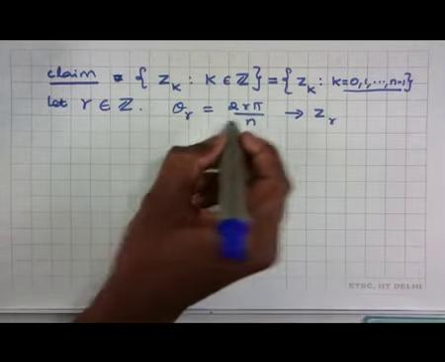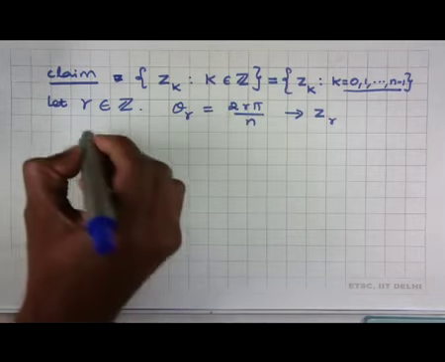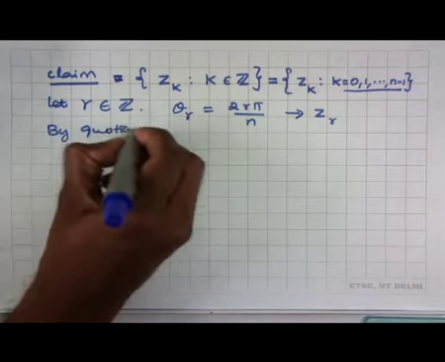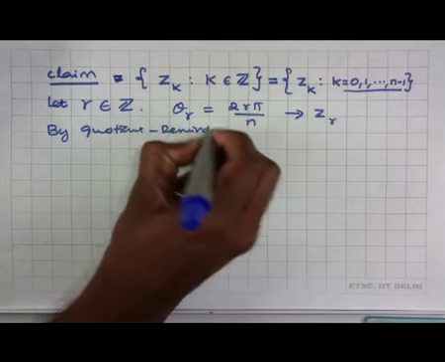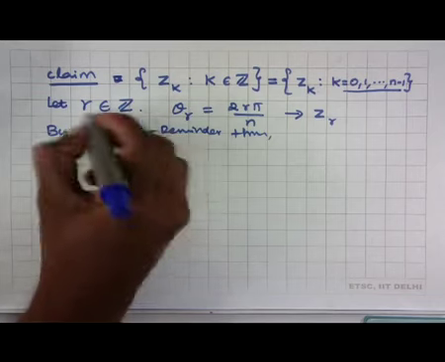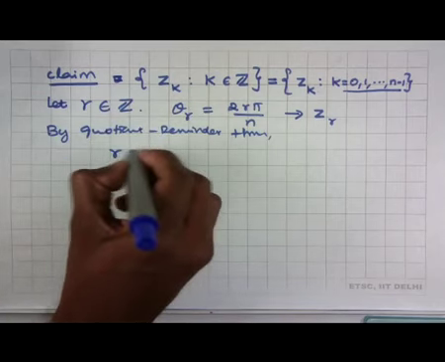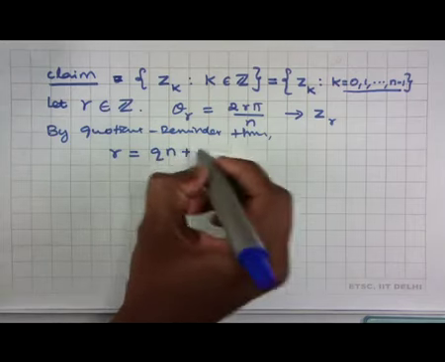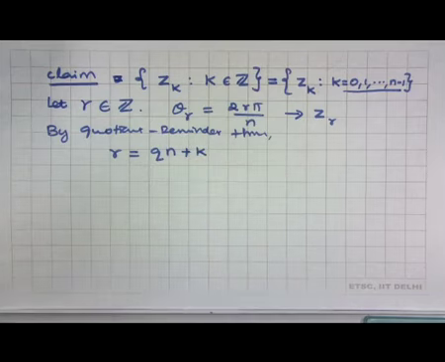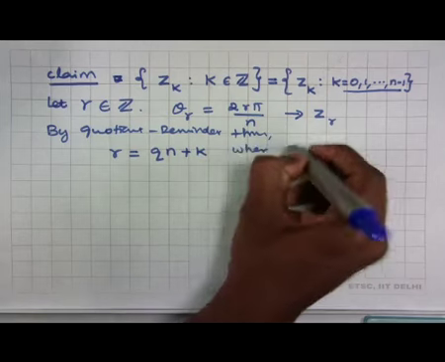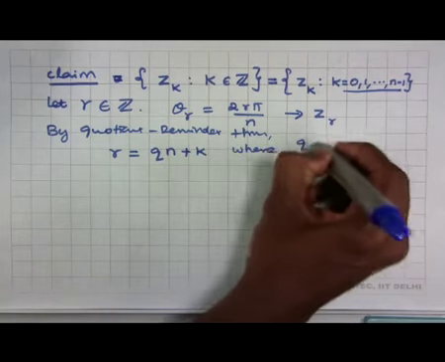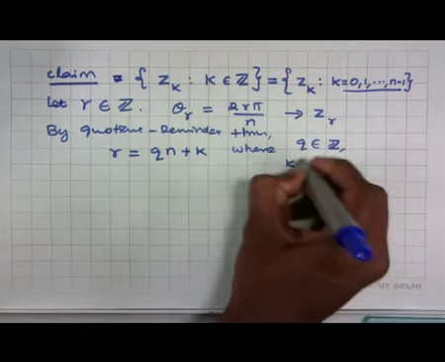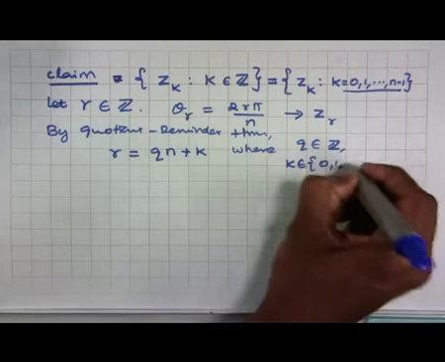Now we need to observe this factor r. By the quotient remainder theorem, any integer can be factored, because n is a positive integer given to us, as r equals qn plus k, where q is an integer and k is an element in 0 to n minus 1.